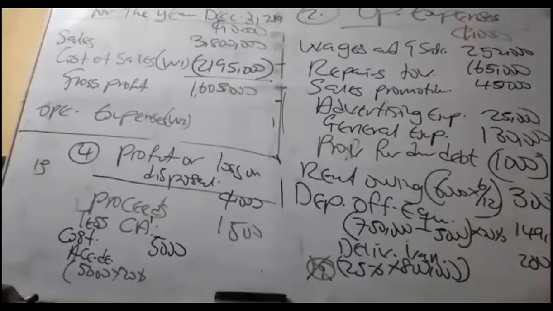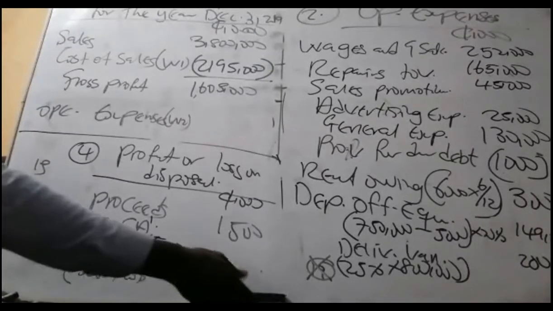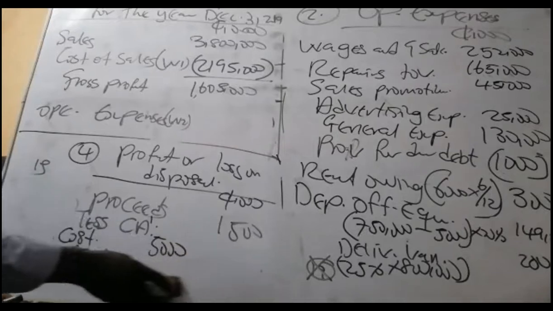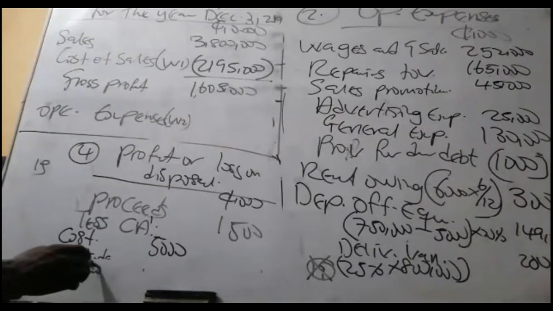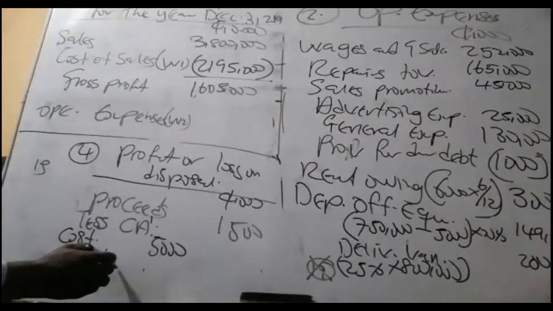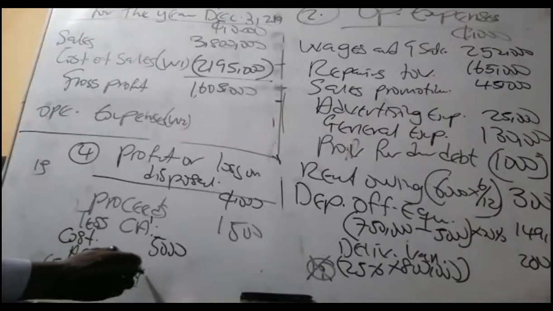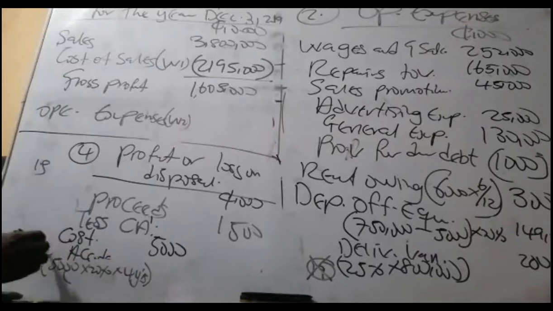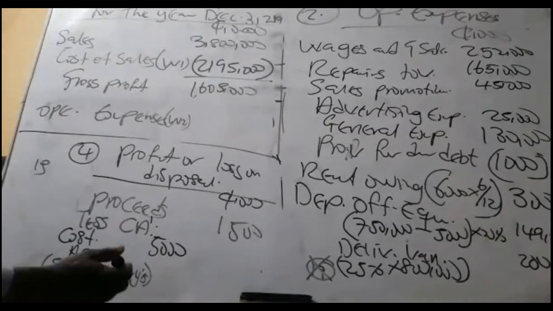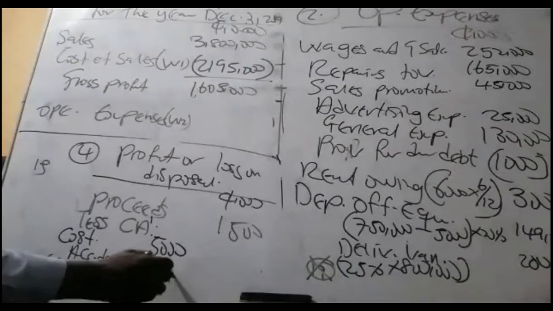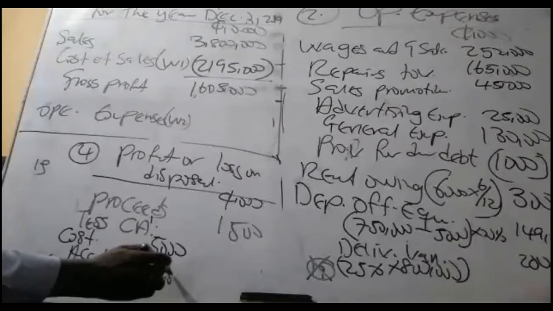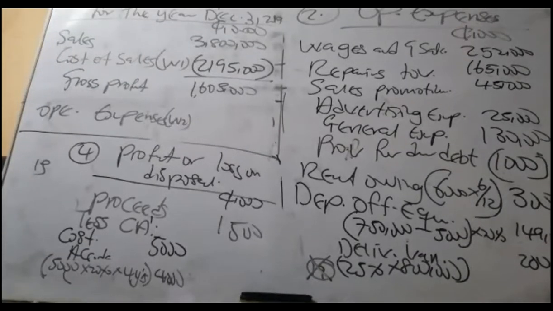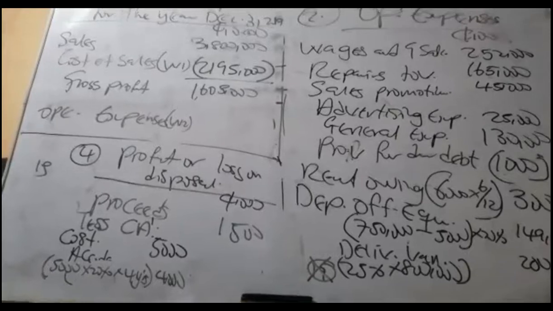Then you multiply this by the number of what? Years. So let me extend it here so that you can get some space. So 5,000 times 20%. Now times what? 4 years, because of the accumulation. And this one gives us what? 4,000. Because each year is 1,000, and now it's 4 years. So the accumulated depreciation will be 4,000.